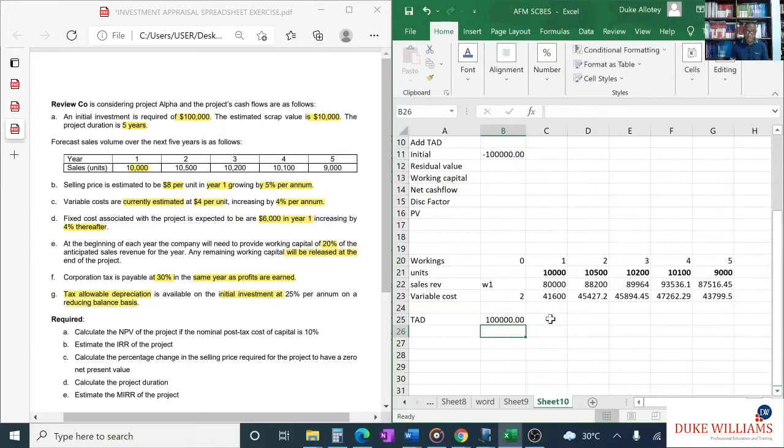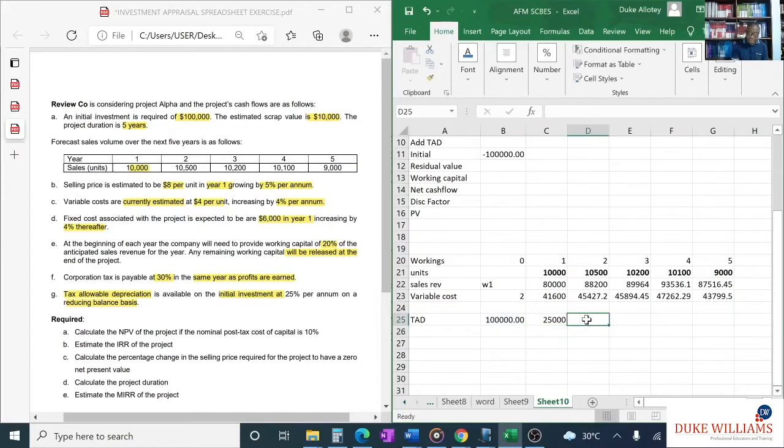Okay, so in year one, my tax written down value, you saw that to be 25%. So this is simply going to be 0.25 multiplied by this, and that gives me 25,000.